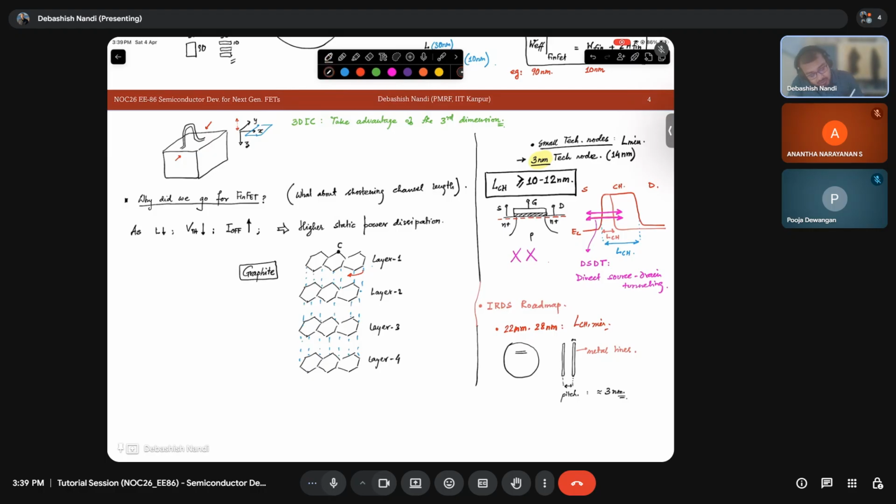Now in 2004, a very interesting thing happened. Two scientists, one is Andre Geim and another is Konstantin Novoselov, something like that. They took a graphite sample and used scotch tape.